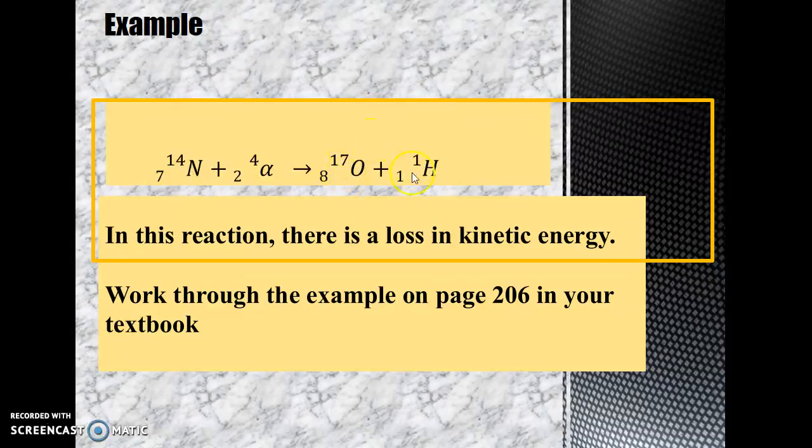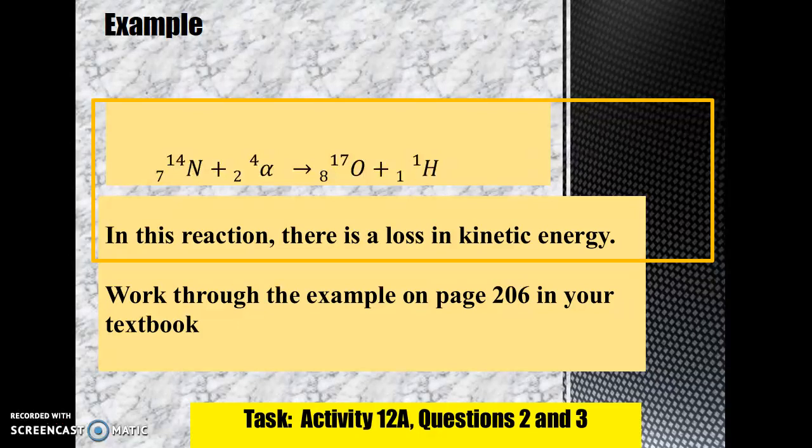That means there is an increase in the rest mass, and this increase in the rest mass is equal to a decrease in the kinetic energy, which can be calculated from E equals mc squared. We'll talk about this some more in class, and we'll also do the activity questions on page 207.